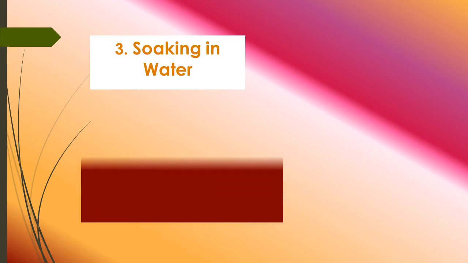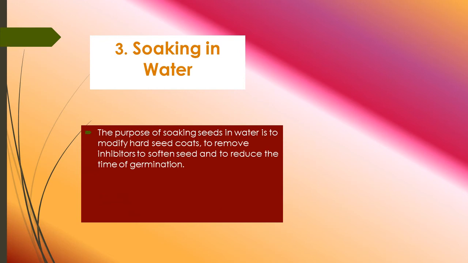The next very important treatment is soaking in water. Soaking in water is used in many plants like gram, pea, and kishmish. The purpose of soaking seeds in water is to modify hard seed coats, to remove inhibitors, to soften seeds, and to reduce the time of germination. The seeds absorb water by the process of imbibition and thus they become soft.